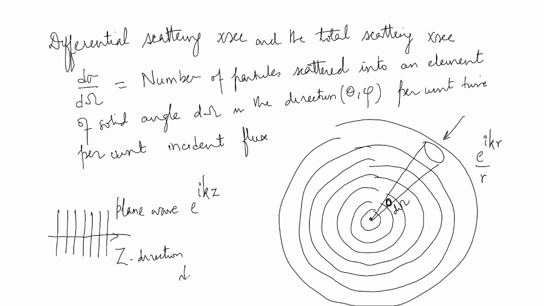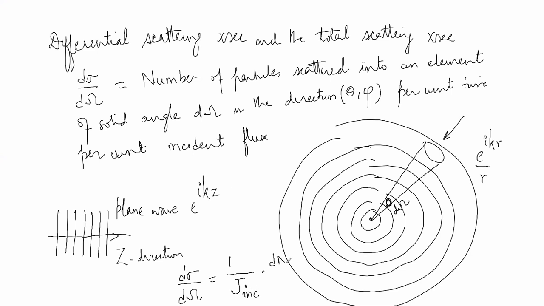And then we defined the differential scattering cross section d sigma by d omega as 1 over the incident flux, because we define it as the number of particles scattered into an element of solid angle d omega per unit time per unit incident flux.